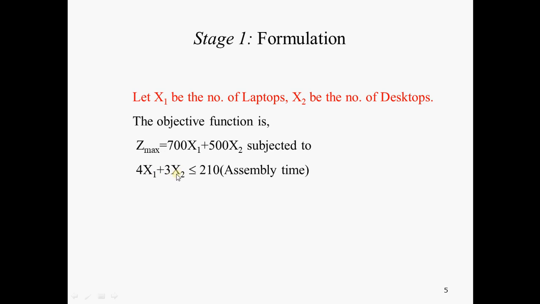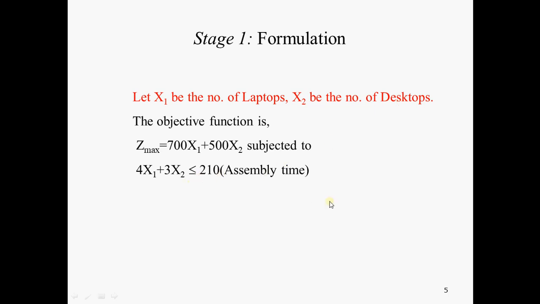Each desktop requires 3 hours of assembly time, so if you have x2 desktops, 3x2 will be the time required for assembly of desktops. 4x1 plus 3x2 will be the total assembly required for both of your products, so it is less than or equal to 210.